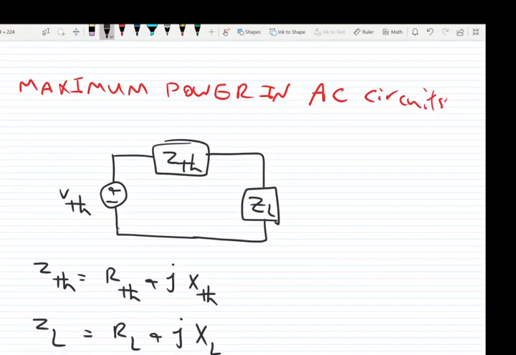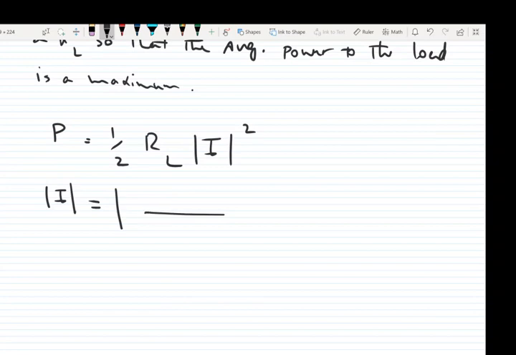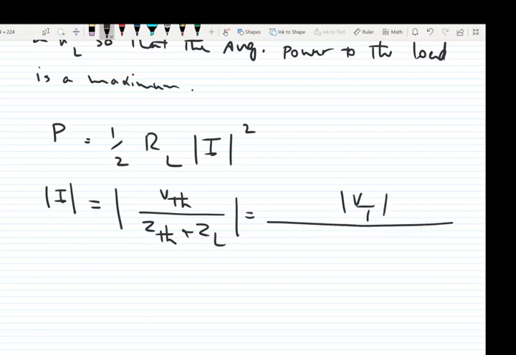If we look at this circuit, using Ohm's law, I is V Thevenin over Z Thevenin plus ZL. So the absolute value of I can be written as V Thevenin over Z Thevenin plus ZL, which is V Thevenin over, expanding Z Thevenin and ZL into real and imaginary parts, (R Thevenin plus RL) plus J(X Thevenin plus XL).